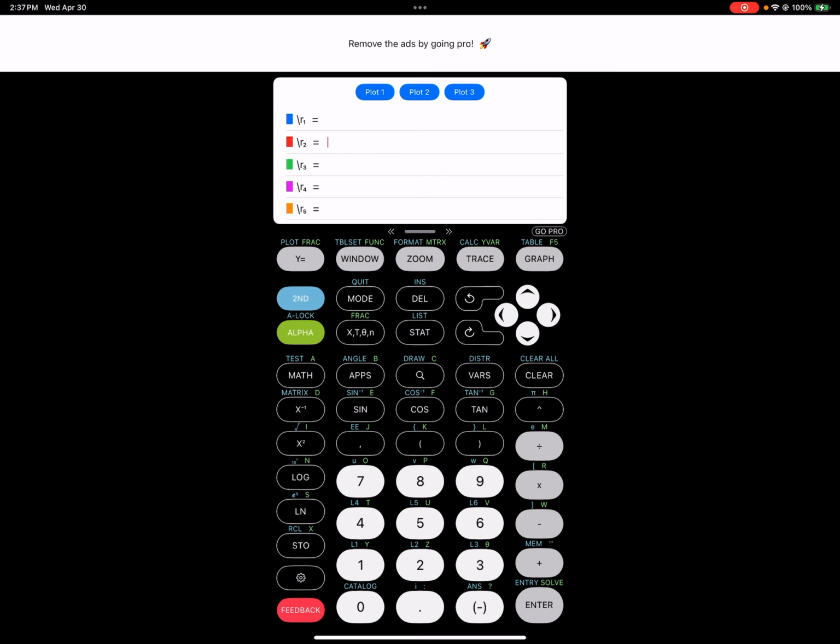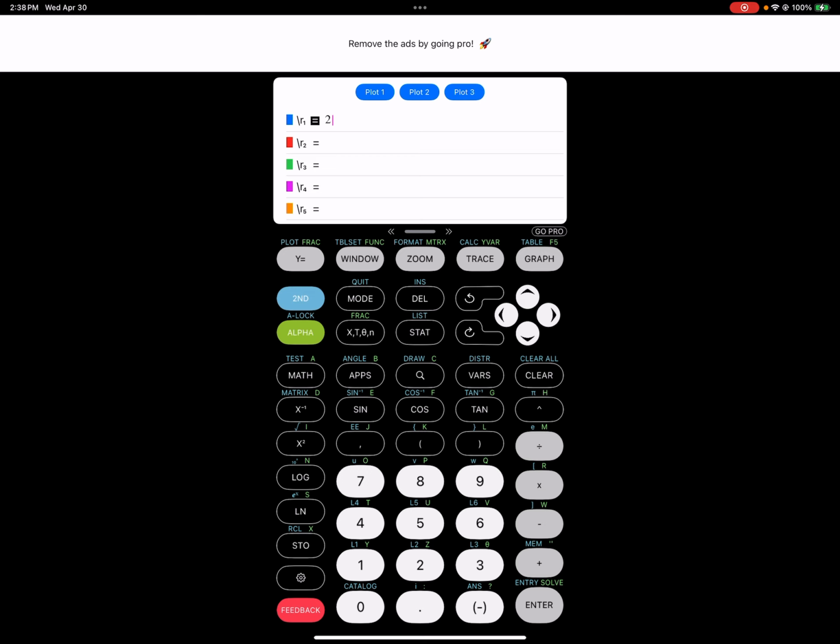If I would graph, let's say, r equals 2, let's think about that a minute. That's saying all the points on the polar graph that have a radius of 2. That's the exact definition of a circle.